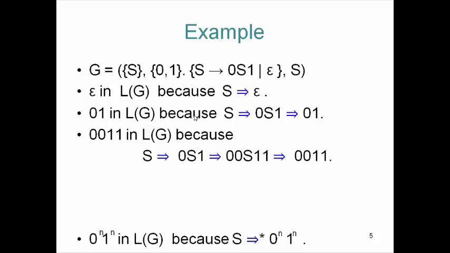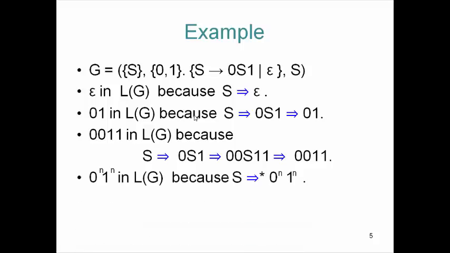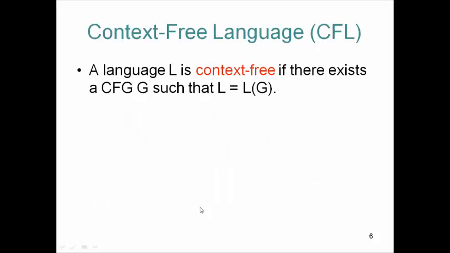Similarly, 0, 0, 1, 1 is also a member. The generalized definition of the language is 0 raised to n and 1 raised to n. The language over the grammar G is defined as 0 raised to n, 1 raised to n, where n is greater than or equal to 0.